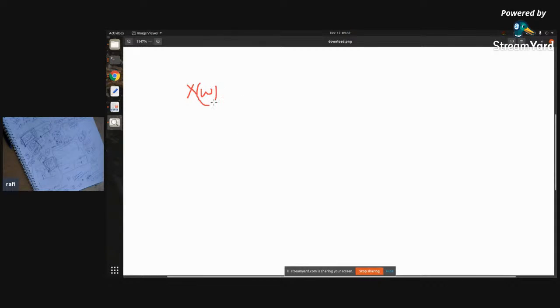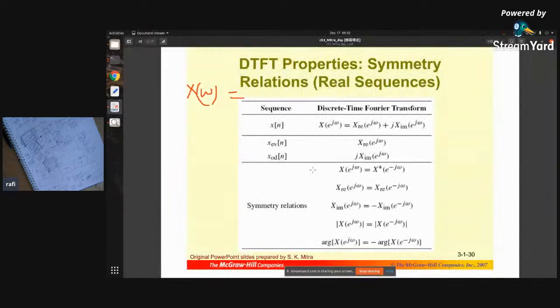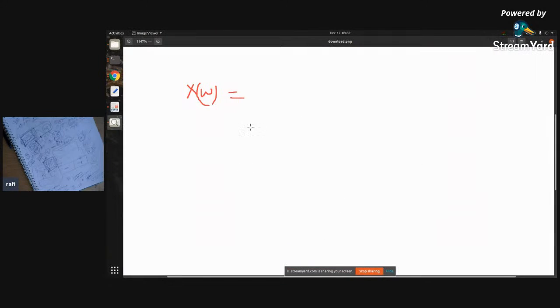I am writing what he has given, X of e power minus j omega. I am writing omega in the place of e power j omega for simplicity. This is the summation of x of n e power minus j omega n, which is the DTFT equation.